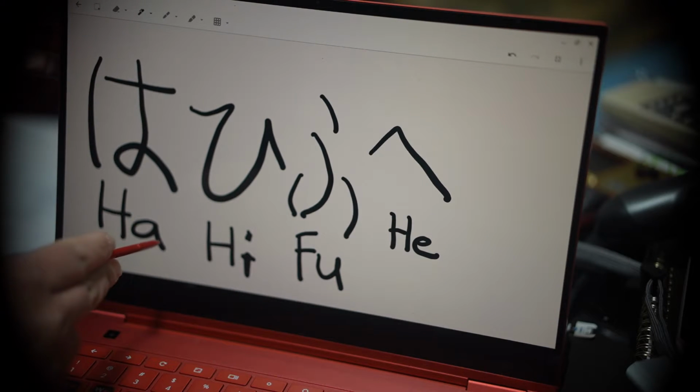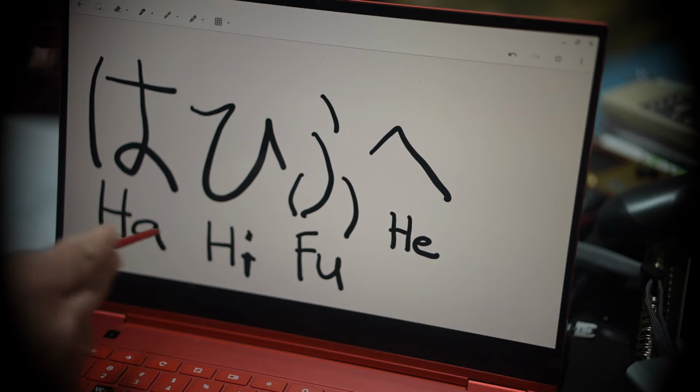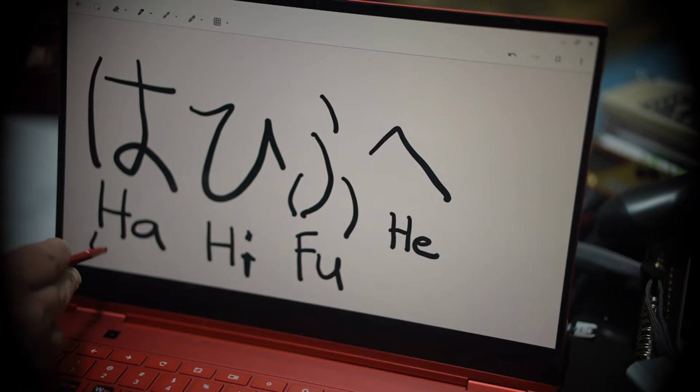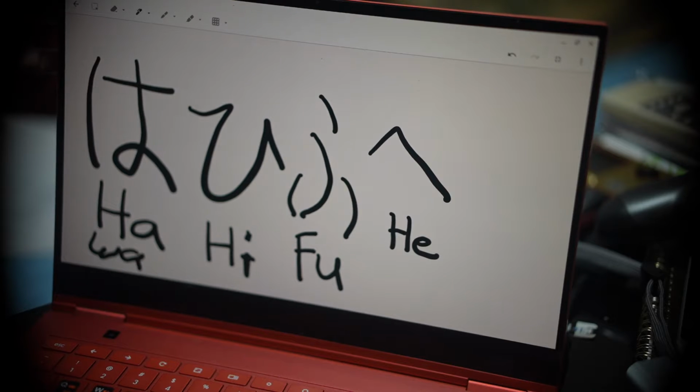And also, when we're using this as a particle, just like I said, watashi wa, this is a wa when it's used in particle form. So it's ha if it's in a word, it's wa when it's used by itself outside of the word. So watashi wa, anata wa, that kind of thing.